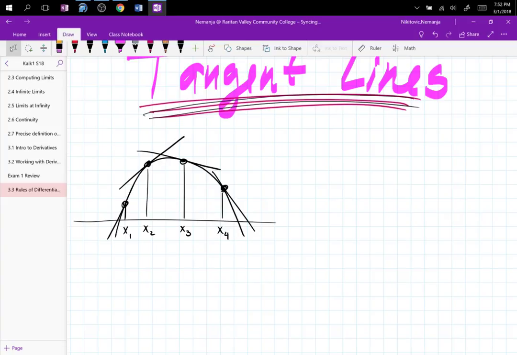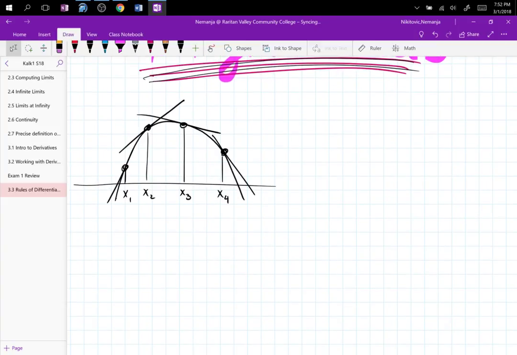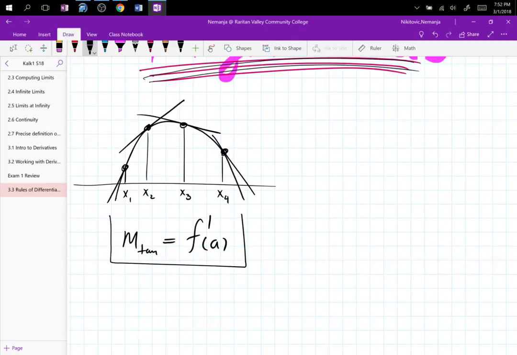Let's see what this means first. So we learned so far that the slope of the tangent line is the derivative computed at the value that we want. So this is at x equals a.